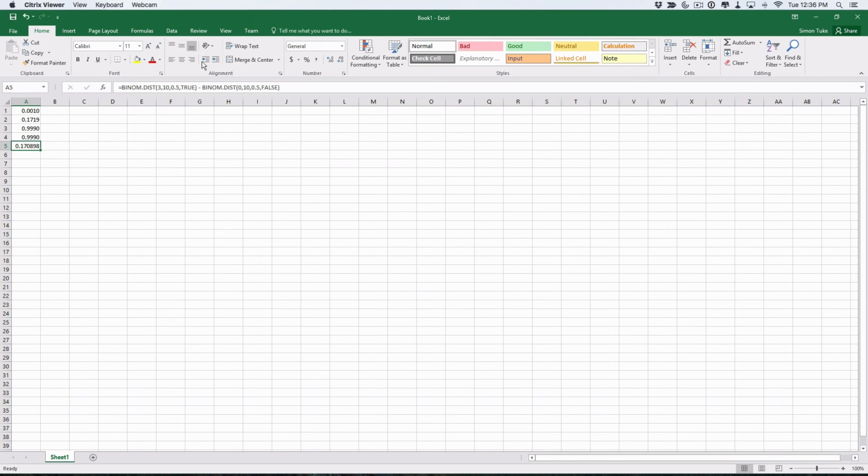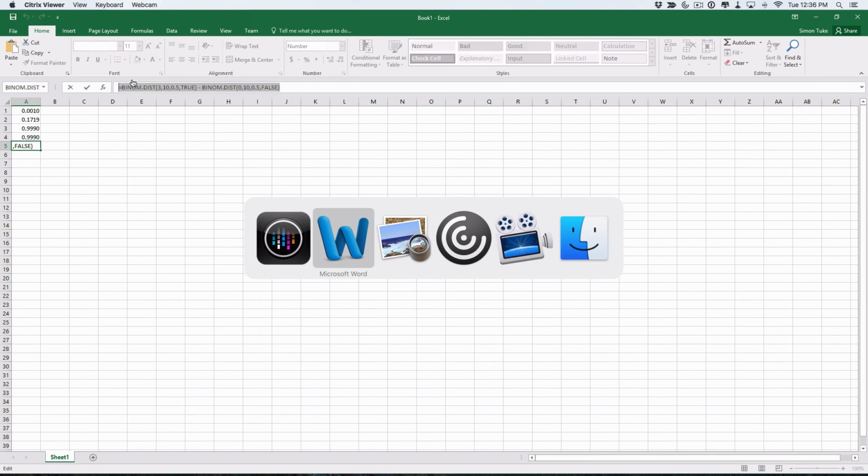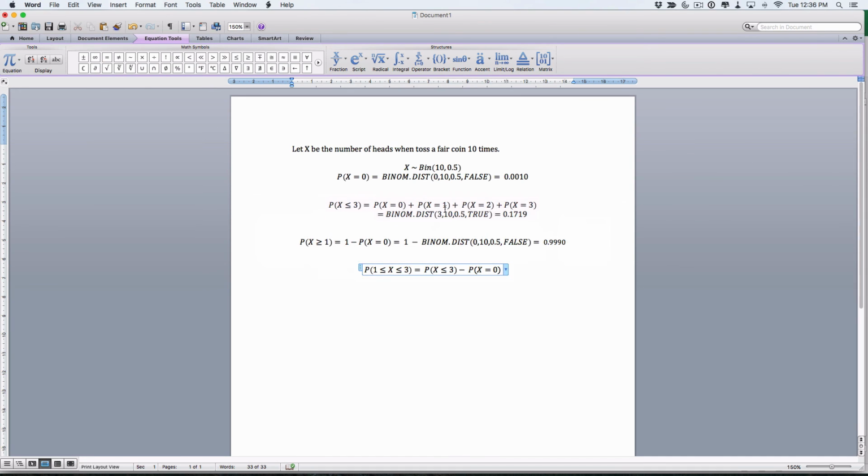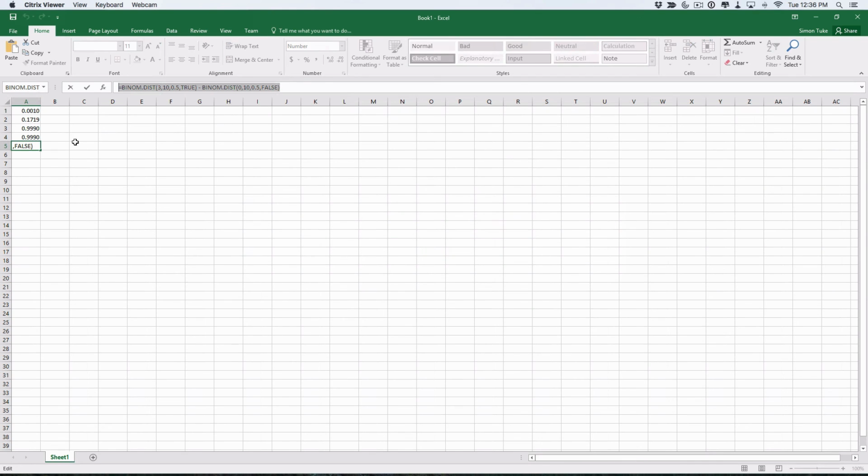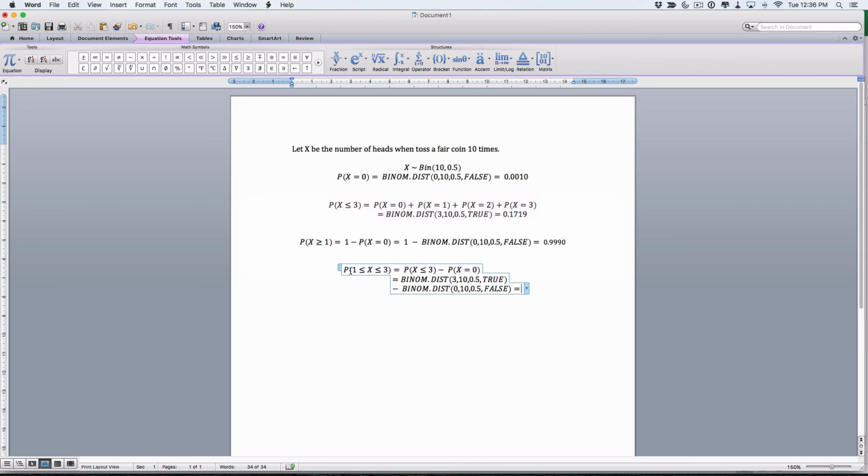And there's our answer. Again, reduce that to the right number of places. Let's calculate that. Take that, paste, which equals, and copy that. And there we go. So, all done.